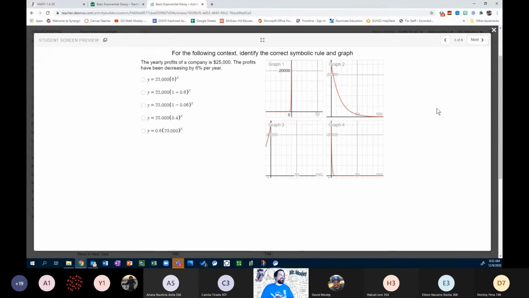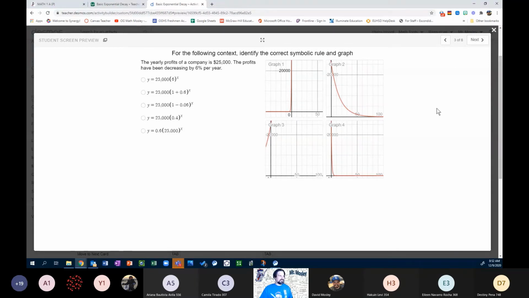Our next screen here: for the following context, identify the correct symbolic rule and graph. There is one correct rule and one correct graph for this scenario. The yearly profit of the company is $25,000. The profits have been decreasing by 6% per year.